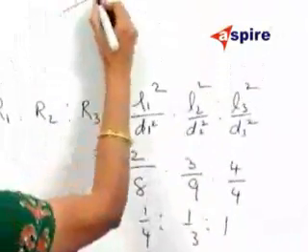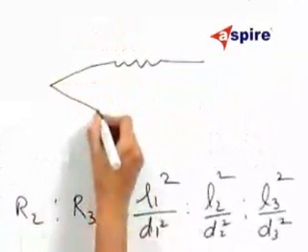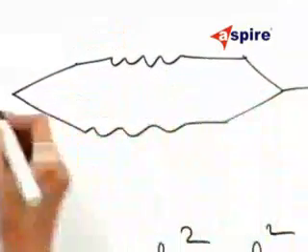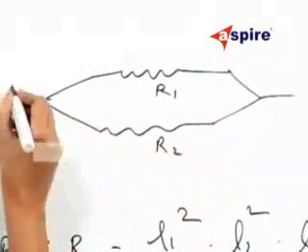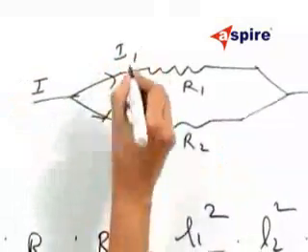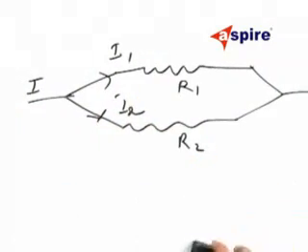Suppose we have two resistances, say R1 and R2. So this is R1, this is R2. The current here is I. It branches as I1 and I2. In parallel connection, the potential difference is the same.